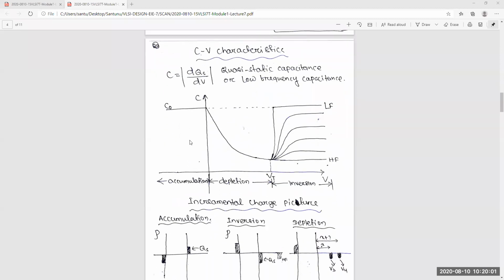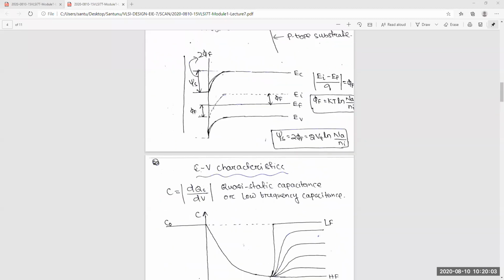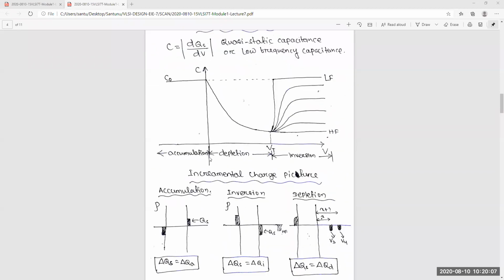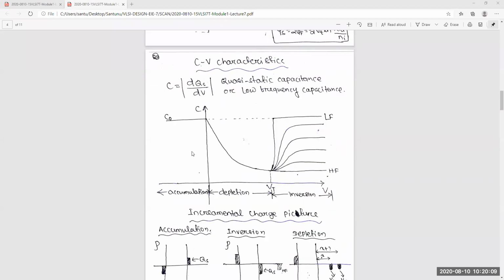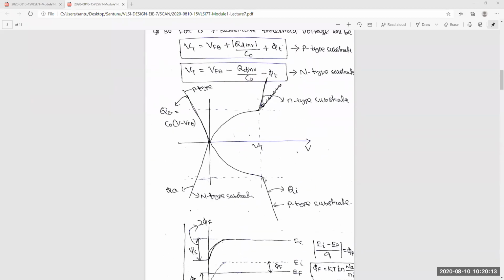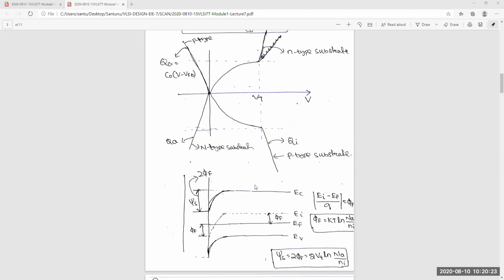Similarly, at inversion also, if you see the inversion equation, this part is also linear. Okay, so linear curve. So if you differentiate this part, again what you will get?